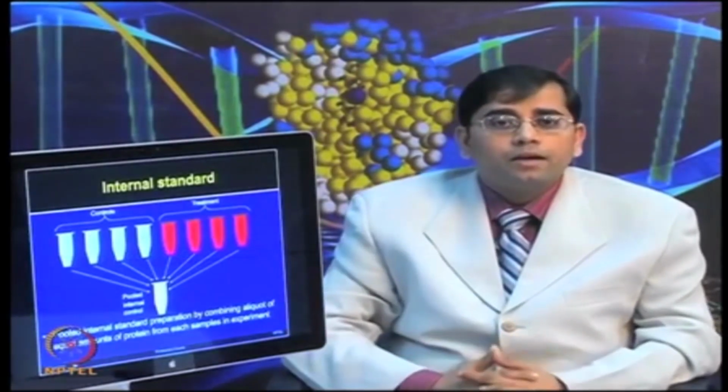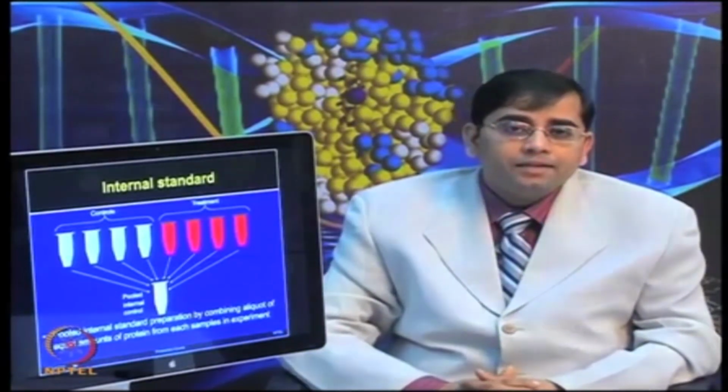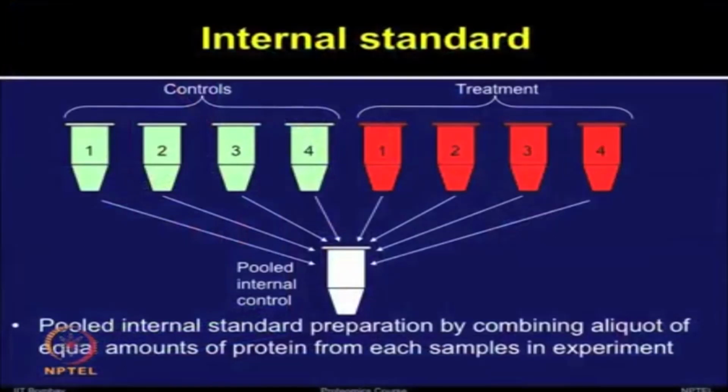So, I am taking a very simple case here, where you have 4 healthy controls and 4 patients suffering from a disease. To represent all the proteins present in each of these samples in healthy individuals and diseased patients, first you need to make an internal pool which is representative of all of these 8 samples.